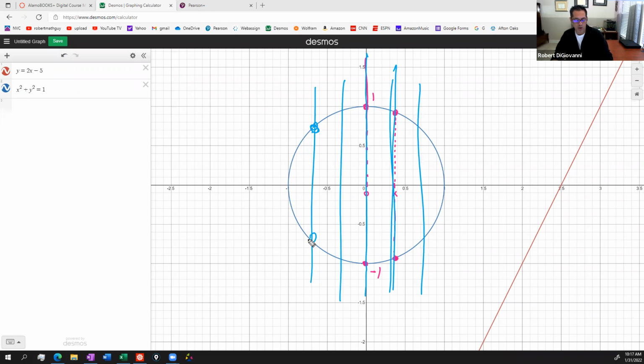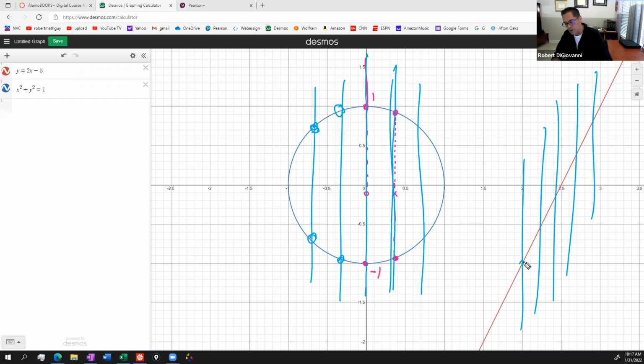If any line hits more than once, it's not a function. You all remember that? We're going to talk more about this next class, but I just want you to see why that's the case. Over here on this line, doesn't matter which lines I draw, any vertical line will hit one time only, right? So it's this idea of two outputs. Two outputs are going to make the vertical line test fail.